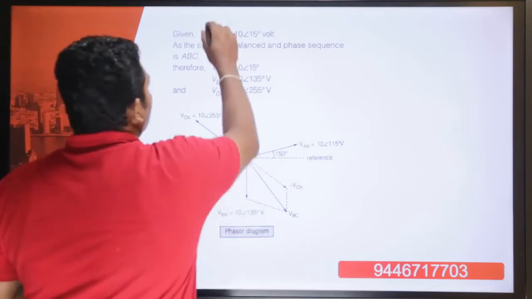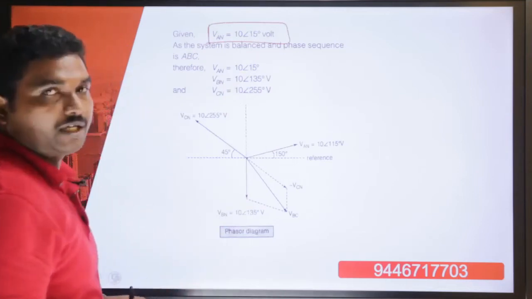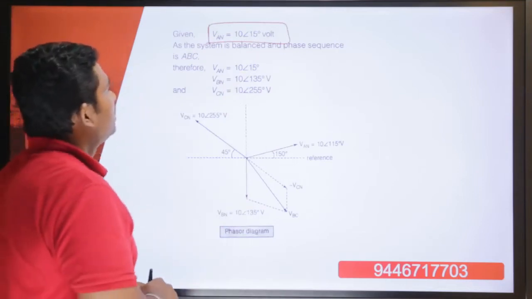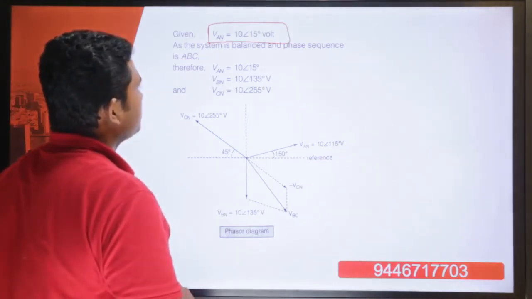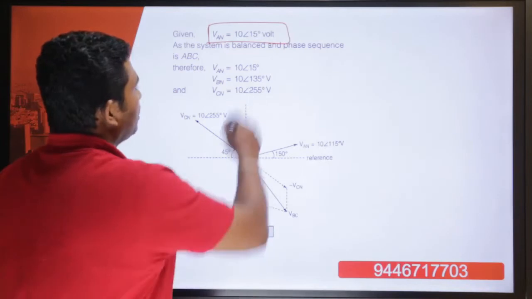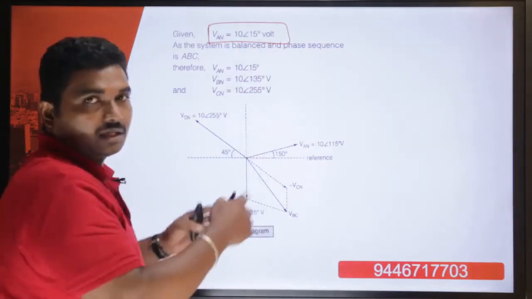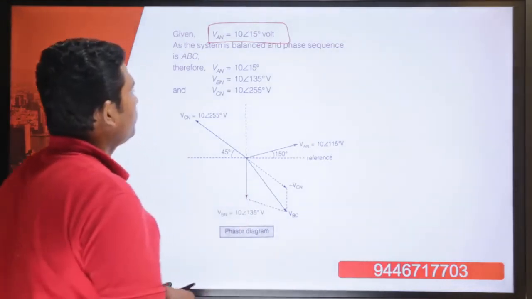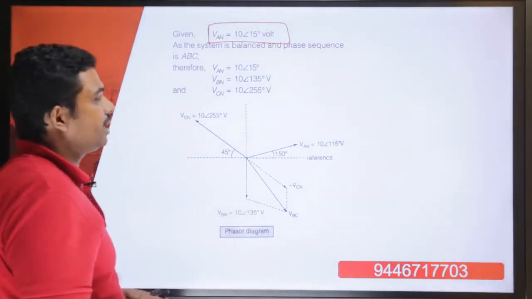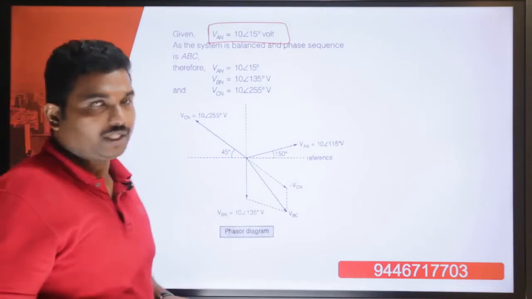Given that the neutral voltage VAN equals 10 angle 15 degree, it is a balanced system. So when our base is 15 degree ahead, we will have to consider every other phasor plus 15 degree. So normally it will be 10 angle 0, 10 angle 120 degree, and then 10 angle 240 degree.